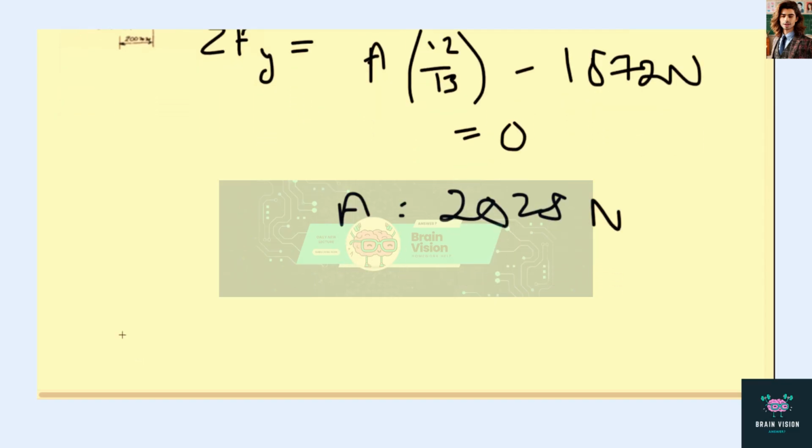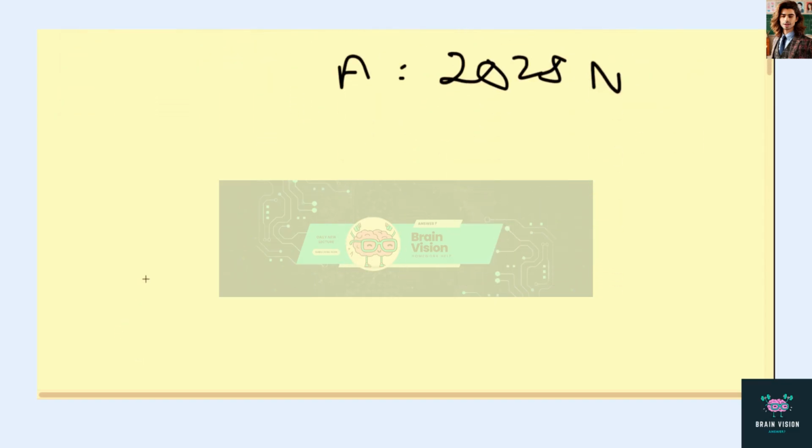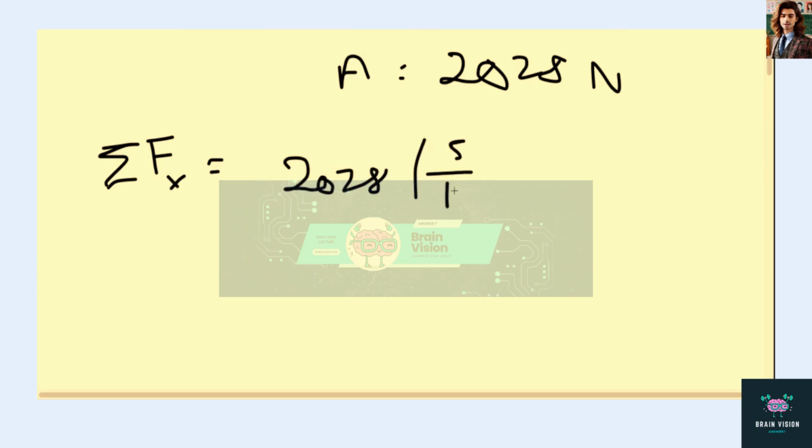Now we'll go for the x direction. Force in the x direction equals the 2028 that we just found for A times 5 over 13 plus the 780 at the bottom plus Bx, and that will equal 0.